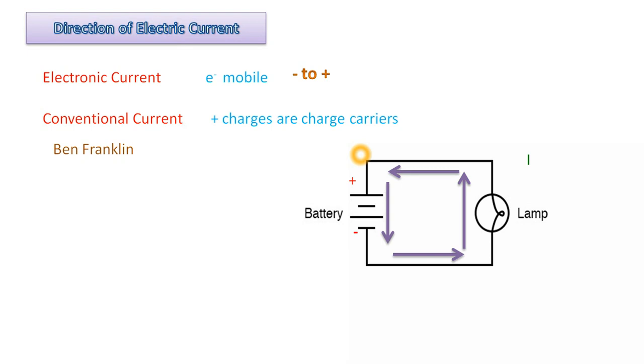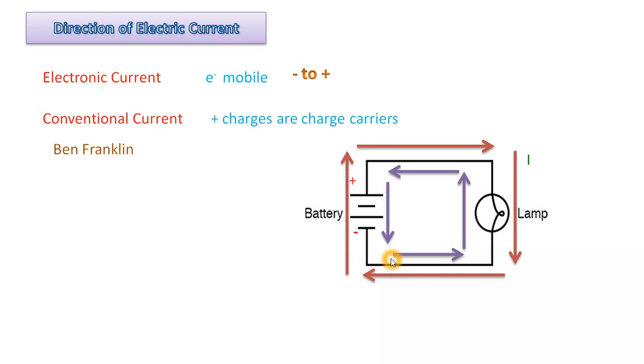So, he stated that the current direction should be the direction in which the positive charges are moving in the external circuit. Now, looking at the circuit, what would be the direction of positive charges? Obviously, it's going to be opposite to that of electrons. For electrons, it was from negative to positive, but in the case of conventional current, it's from positive to negative. So the positive charge would move in this direction, and as per Franklin, this should be the direction of current.